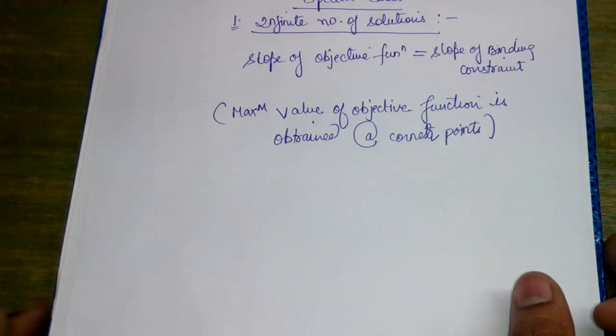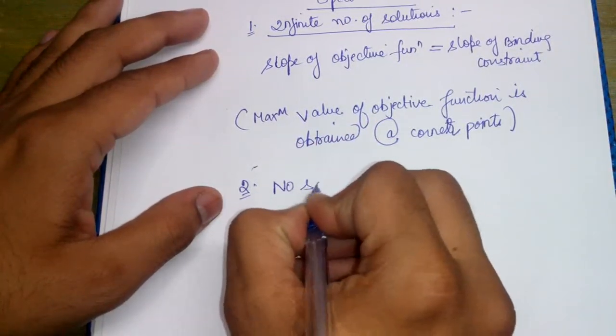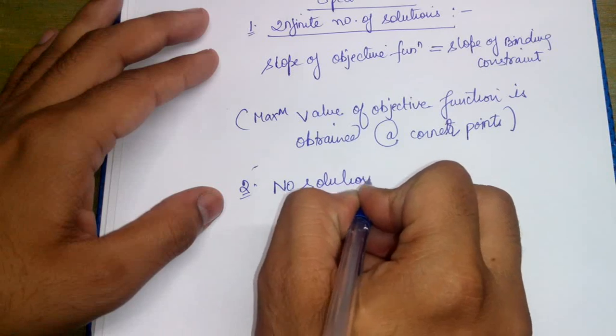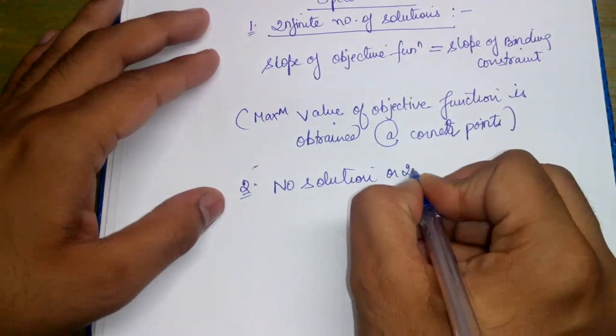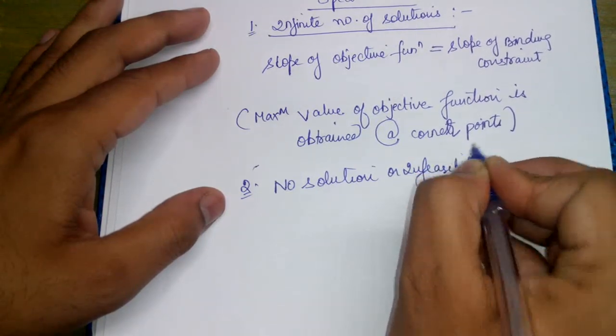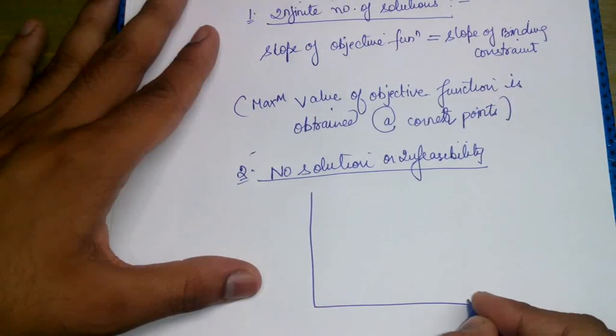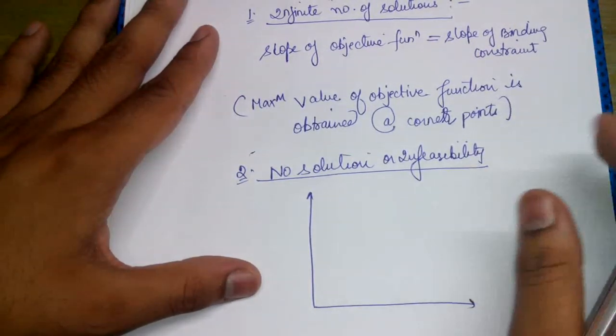The next special case that we will discuss here is the no solution case, or infeasibility. In case of no solution or infeasibility, there will be no common point.